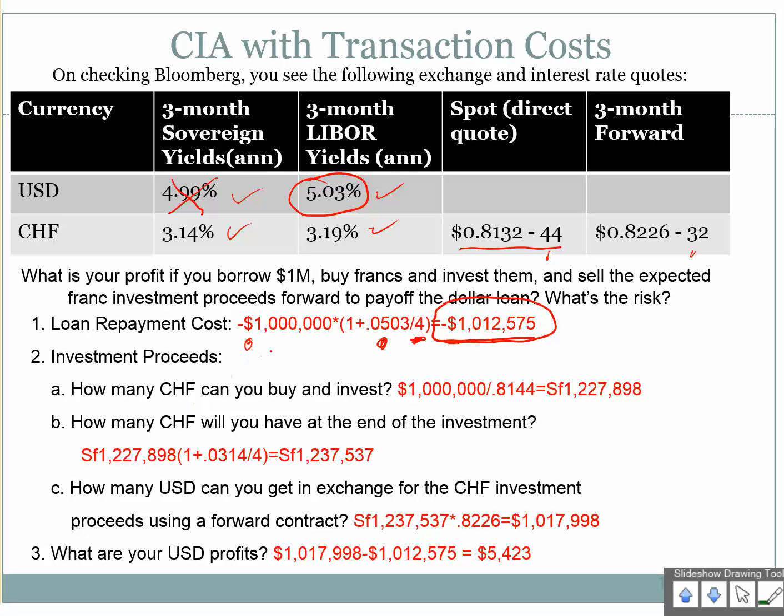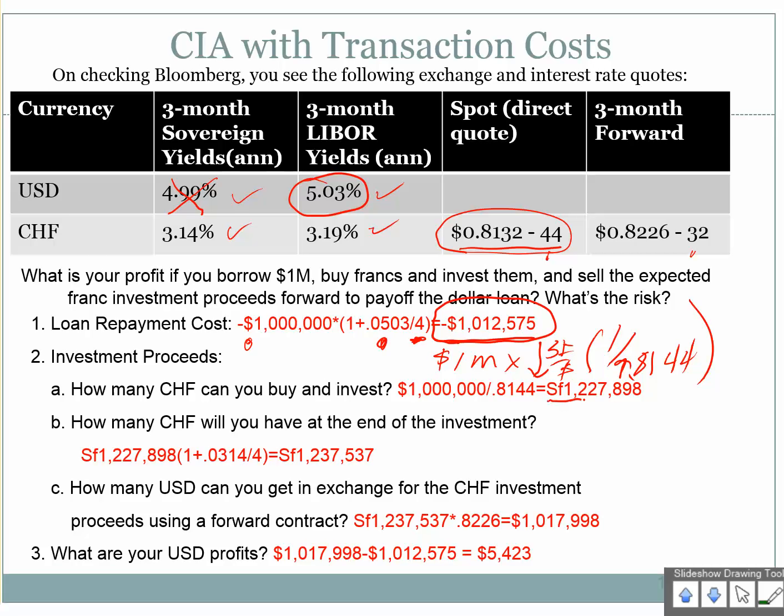I'm then going to take my $1 million and buy francs. When I convert $1 million to francs, I need a Swiss franc per dollar exchange rate. I'm going to get kind of screwed in the bid-ask spread, so I'm going to get the lowest Swiss franc per dollar exchange rate, which actually is going to be 1 over the highest dollar per Swiss franc exchange rate.